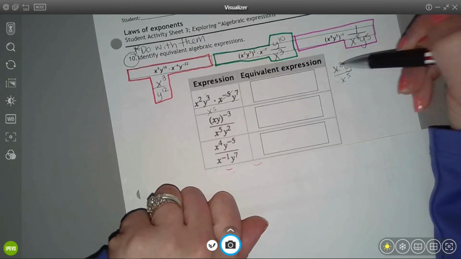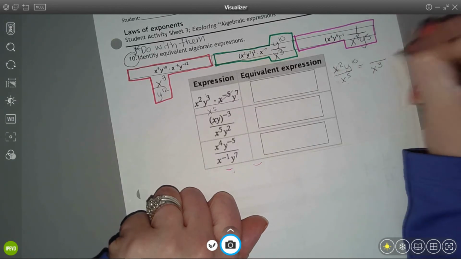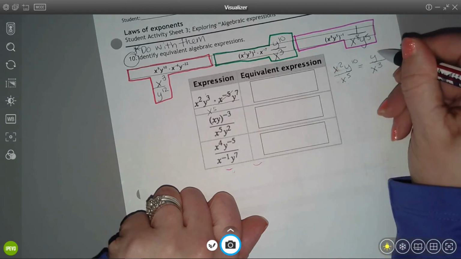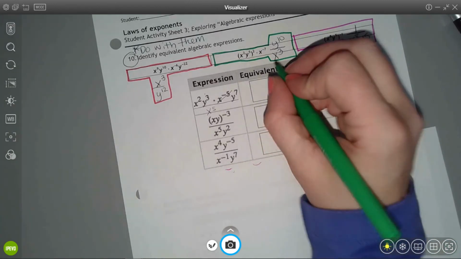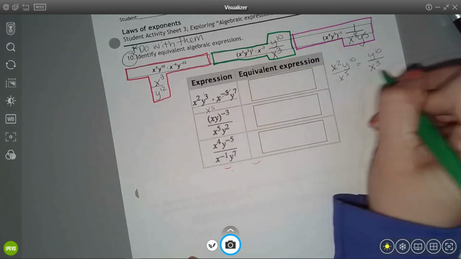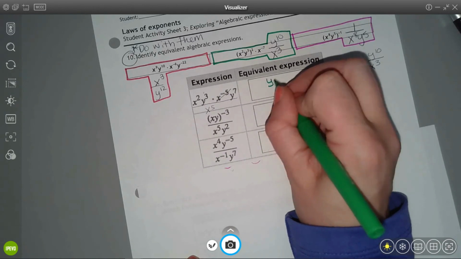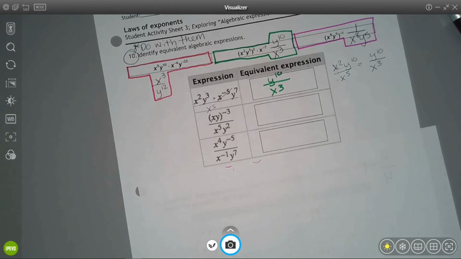Where are my x's bigger? My x's are bigger on the bottom by 3, and my y's are already simplified. So this would go with my green answer. Okay, so instead of putting the equivalent expression, I'm just gonna put the equivalent answer, and my color is going to show which one it went with.